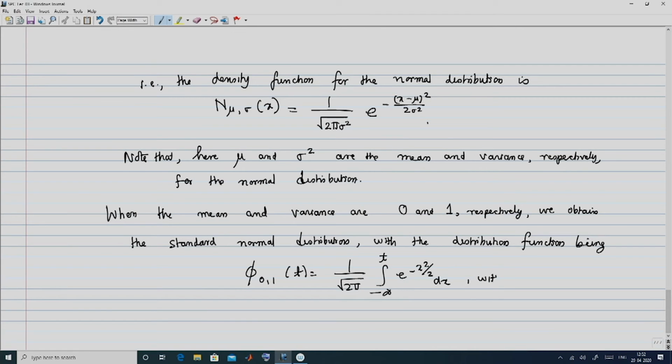And naturally with the corresponding density function being, so we will use the notation similar to this. So this is going to be n 0 1 of x is 1 over square root of twice pi e raised to minus x square over 2.